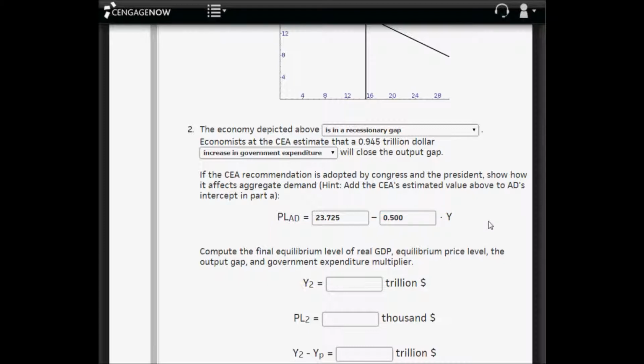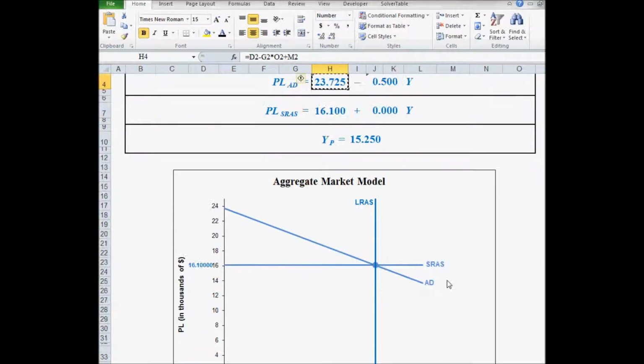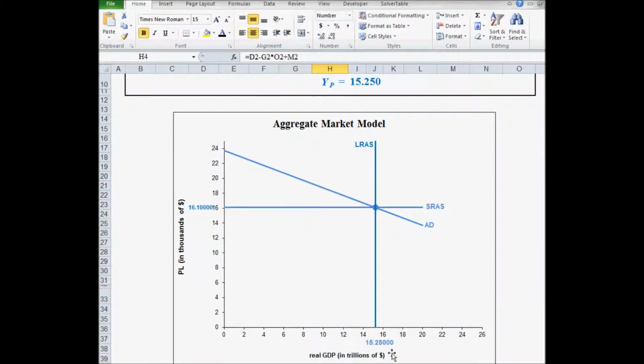To compute the final equilibrium level of real GDP, equilibrium price level, and the output gap, we're going to use the diagram in Excel. Where aggregate demand and short run aggregate supply meet, real GDP is equal to 15.25, the level of potential GDP.